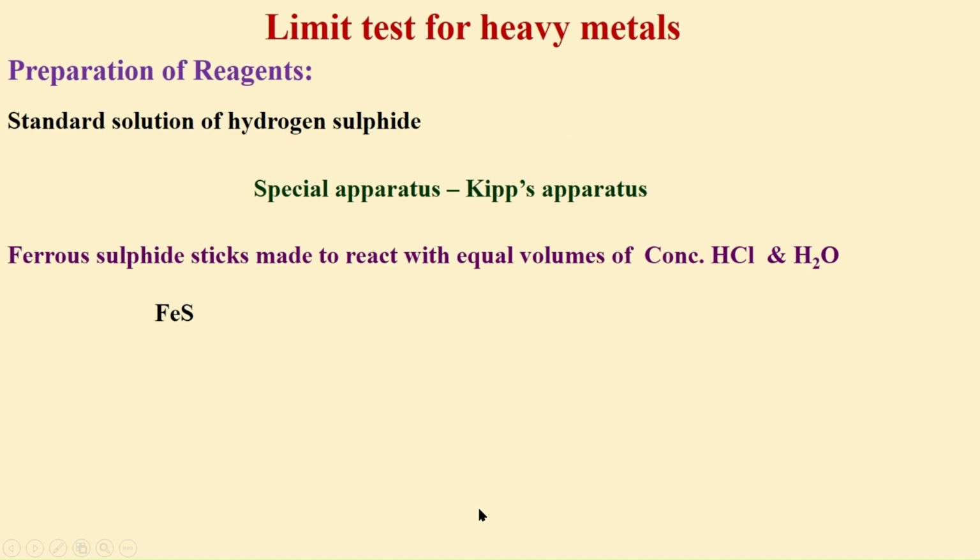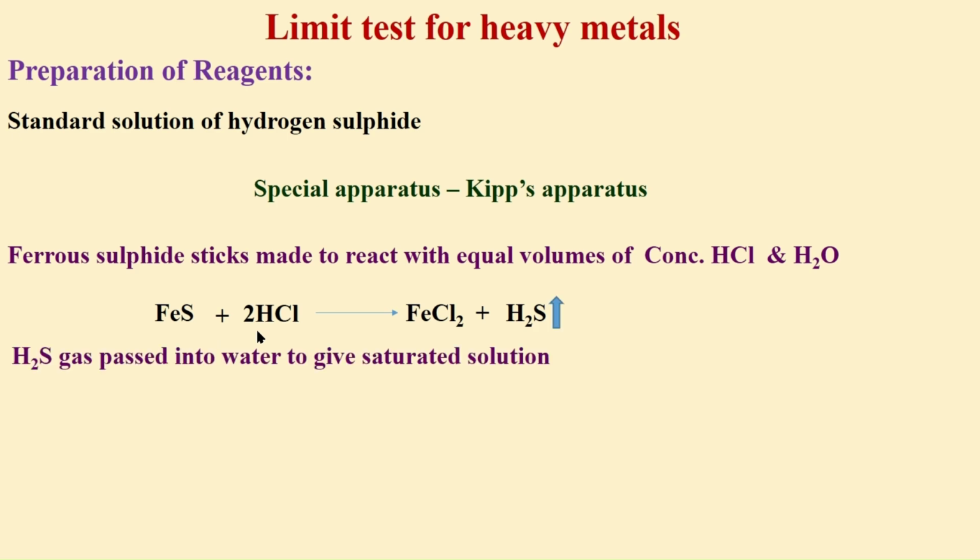Ferrous sulfide, FeS, reacts with 2 moles of HCl, and iron combines with chlorine to give FeCl2, and hydrogen combines with sulfur to give hydrogen sulfide. Hydrogen sulfide being a gas, it goes out, and this H2S gas which is produced is passed into water to get the saturated solution of hydrogen sulfide.